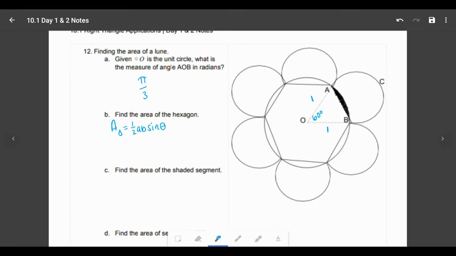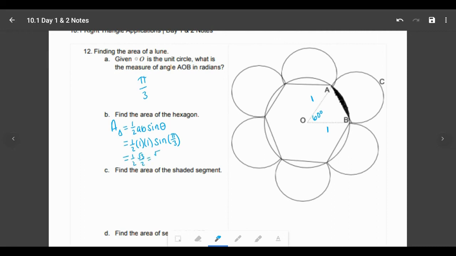Because in our diagram, I know my 2 sides are both 1, and my theta is pi over 3. Well, sine of pi over 3 is square root of 3 over 2.